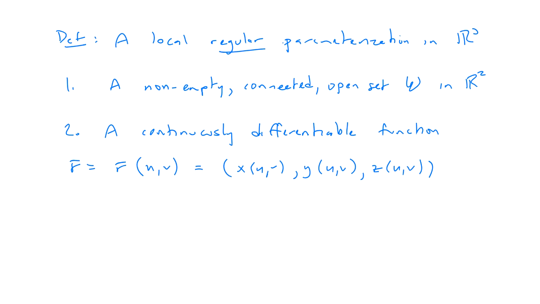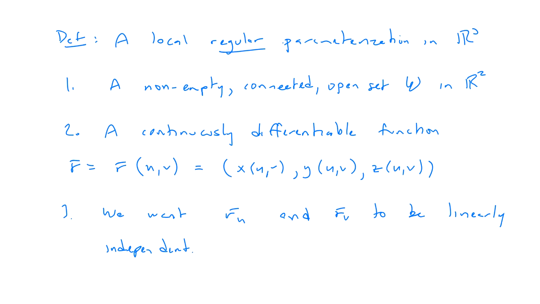And 3, we want the two partial derivatives to be linearly independent at all the points. And there are two ways we can do this.